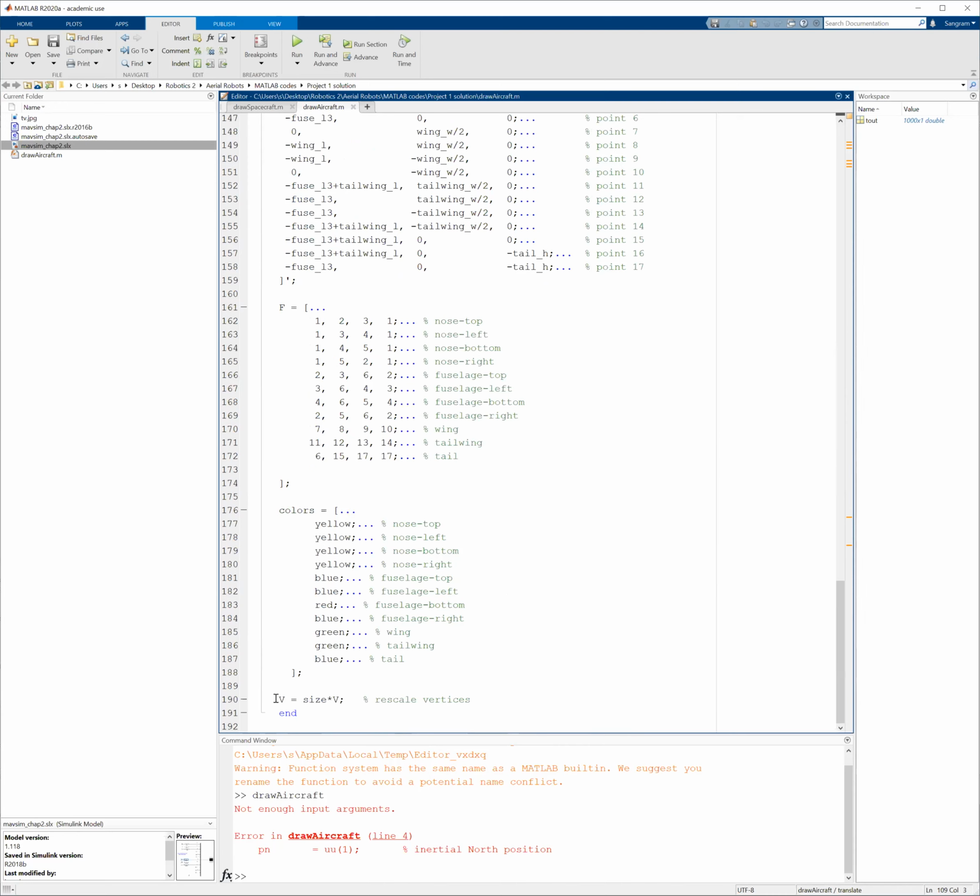The last V size scales the aircraft. Once that is done, I want you to run the Simulink model, which is MavSim Chapter 2 SLX, and I will show you that Simulink model.